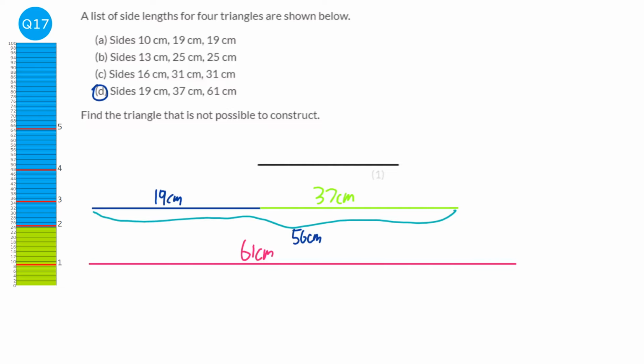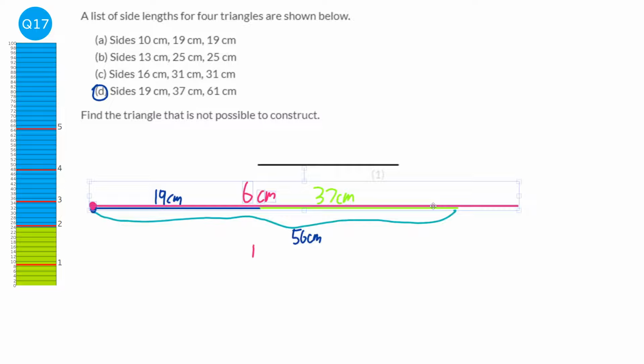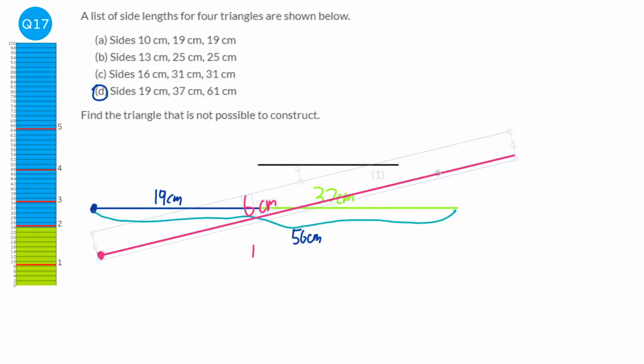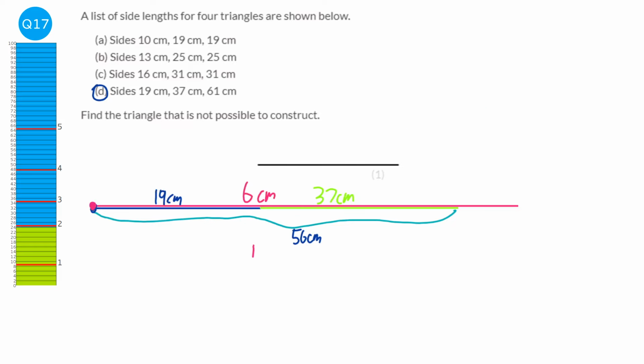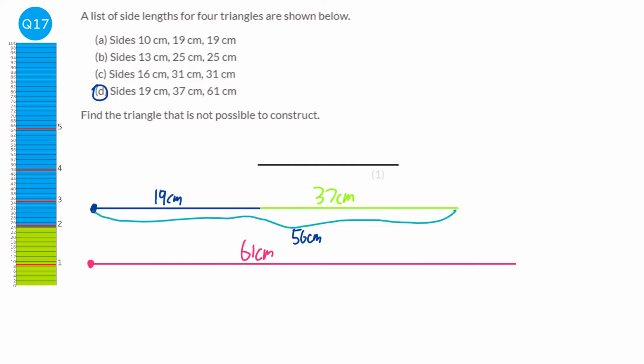We could move this whole stick onto this side here, but we can't actually make a triangle with it, because the two lengths that we've got won't ever reach the end bit here. They just won't ever reach that bit to be able to create the triangle. And I'm just going to put that back. So our answer is option D.